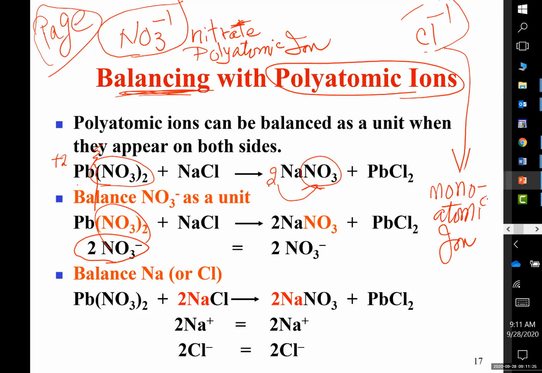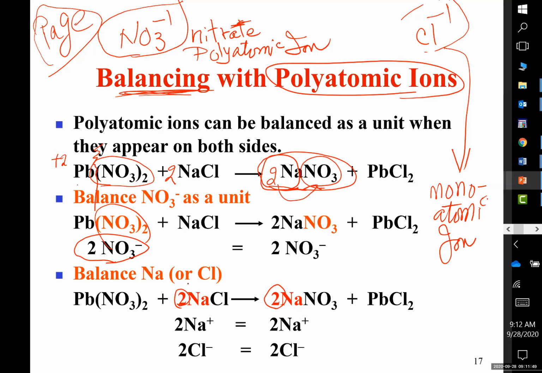By placing these 2 in front of NaNO3, it means I have 2 Na, so I have to place a 2 in front of NaCl to have 2 Na on both sides. So 2 NaCl, 2 NaNO3. Let's see if the reaction is balanced now.